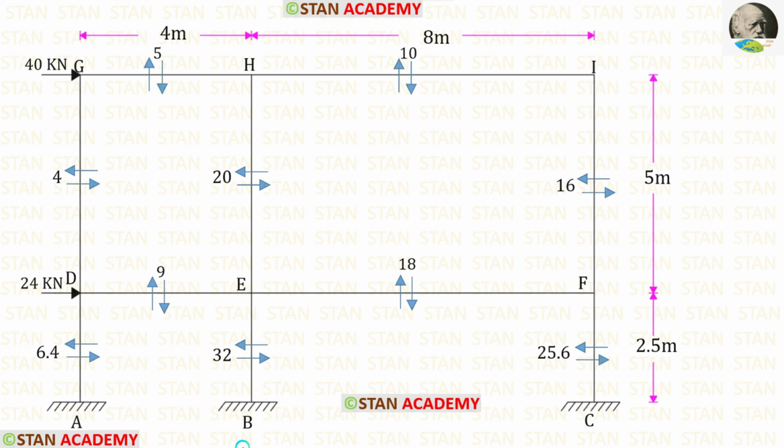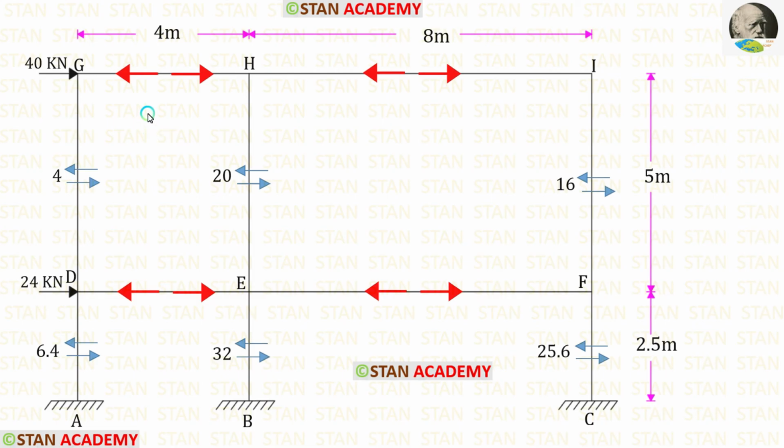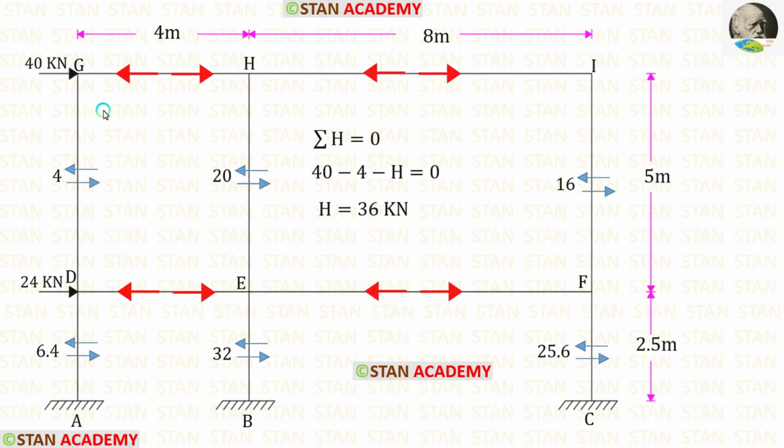Now, using the shear forces in the columns, we can find the axial forces in the beams. The axial forces in the beams will be compressive. Now, let us find the axial force in the member GH. For that, let us take the joint G. Let us apply the rule sigma H is equal to 0. 40 is acting towards the right side, so that will be positive.